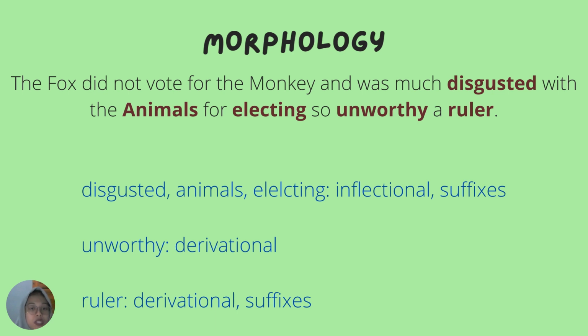Second, I have unworthy. This word has three morphemes: un, worth, and y. Unworthy, definitely it changed the meaning, so this is derivational. And the last is ruler. Ruler is derivational too.